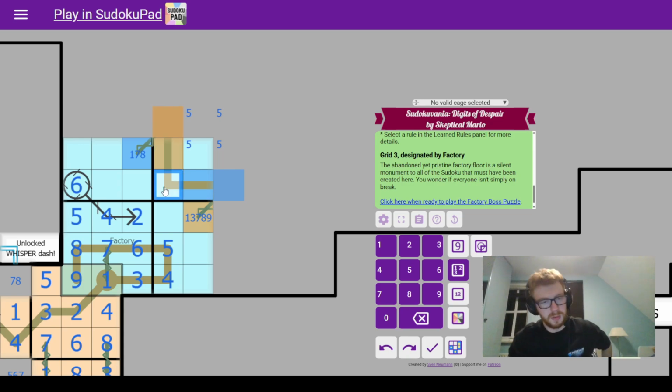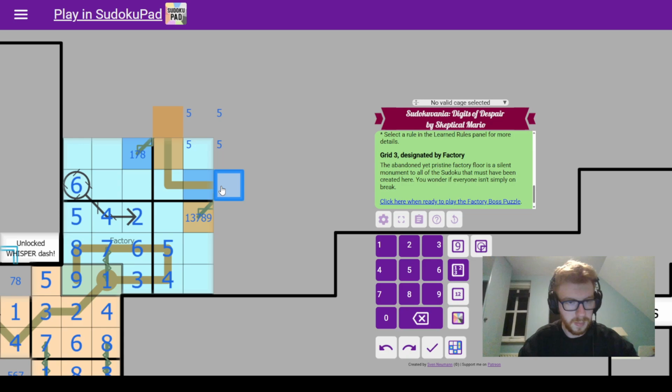Good. Okay, so that cannot be a 4, but that could be 1. If this is low, right? It is 1 or 2, possibly 3 or 4, but never 4. So 1, 3, 4 doesn't work.